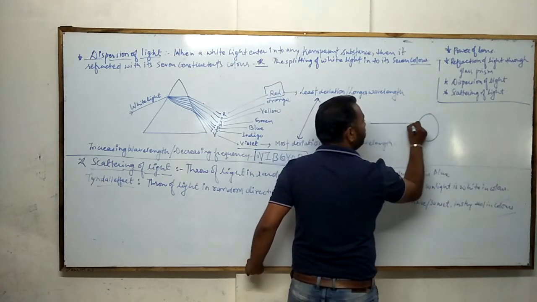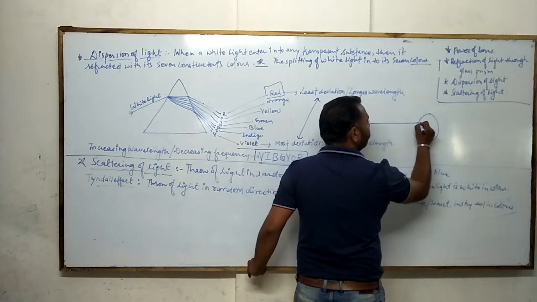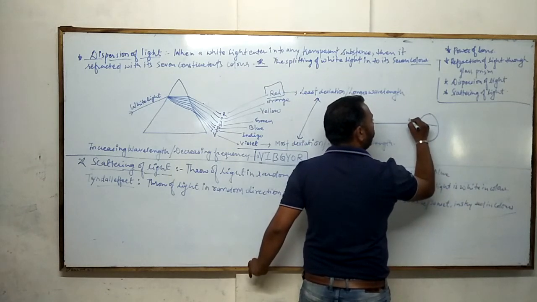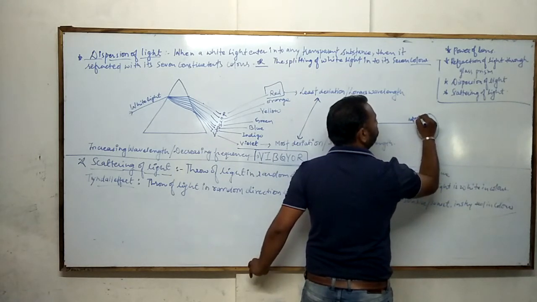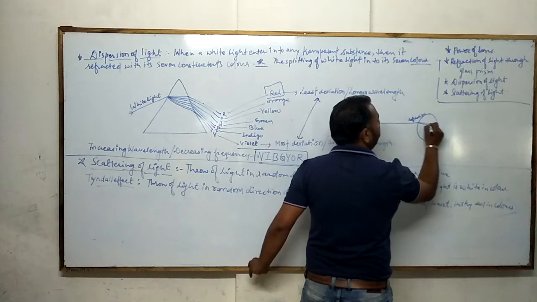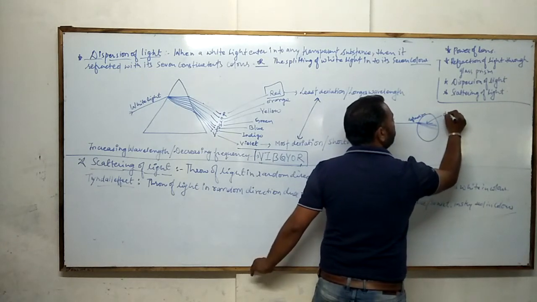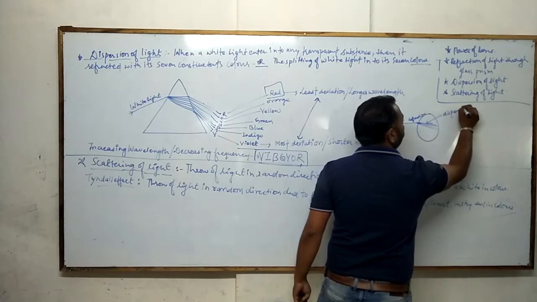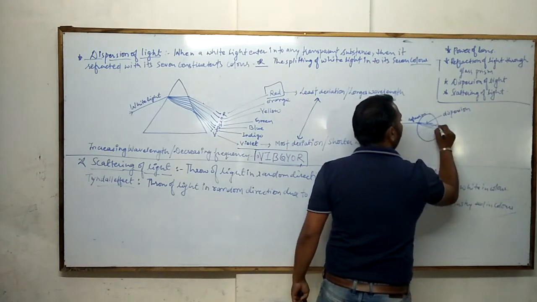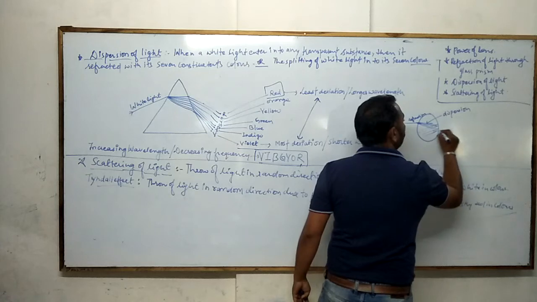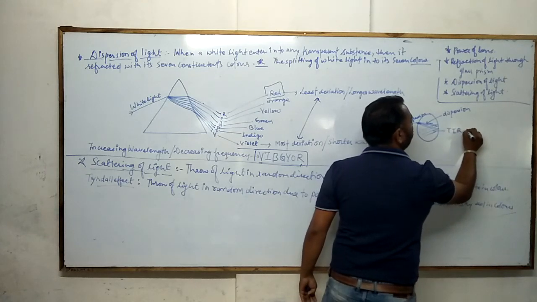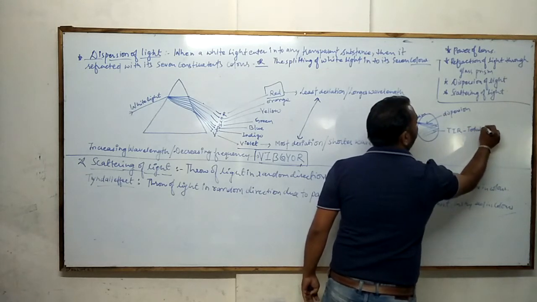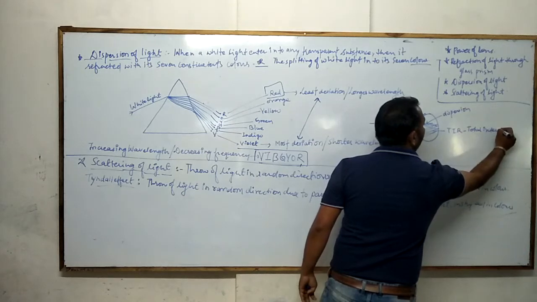When a light is passing through this, first there is a refraction, which starts here, then the dispersion. Then again this is the TIR, that is the total internal reflection.